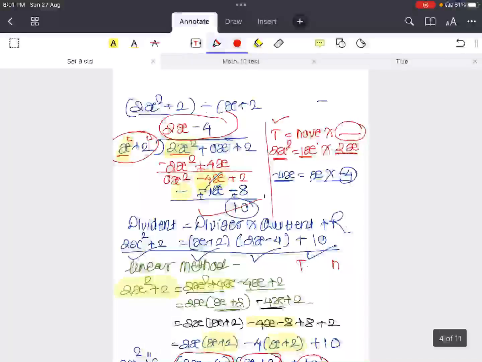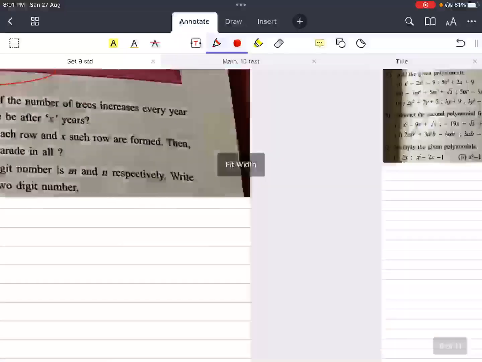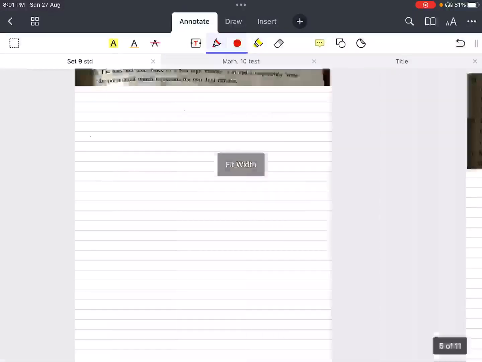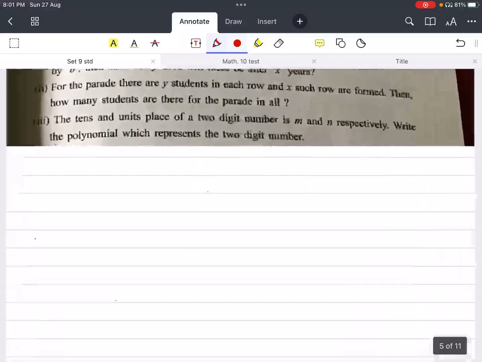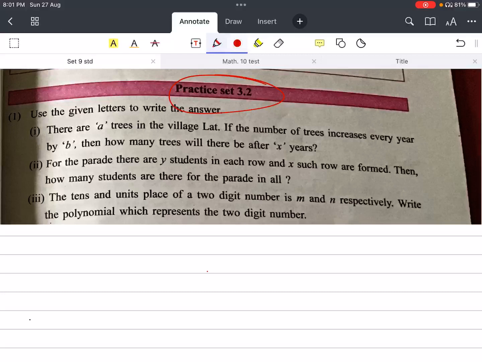In the previous video, we talked about a few basic examples related to polynomials. Now, in this video, we are talking about exercise number 3.2. In this 3.2, we will solve questions one by one.